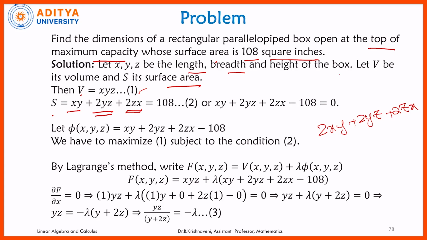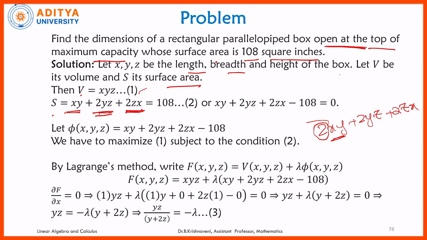Why? Because here the box, that is the rectangular parallelepiped box, is open at the top. That means one surface is not there, which is empty. So it is only 1 xy plus the remaining surfaces, that is 2yz plus 2zx.